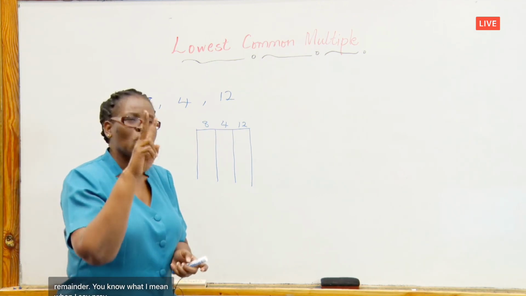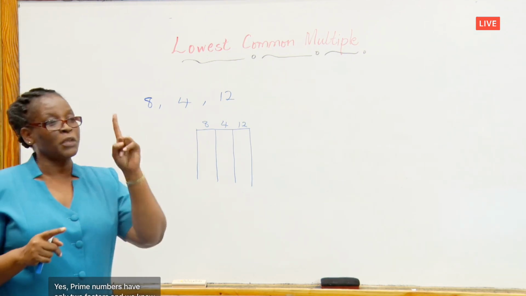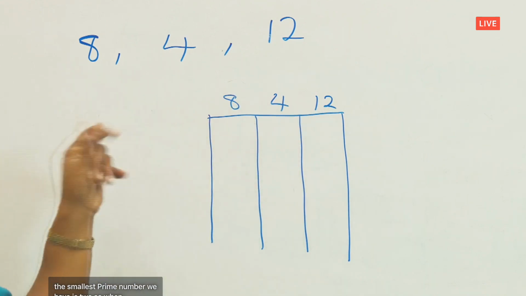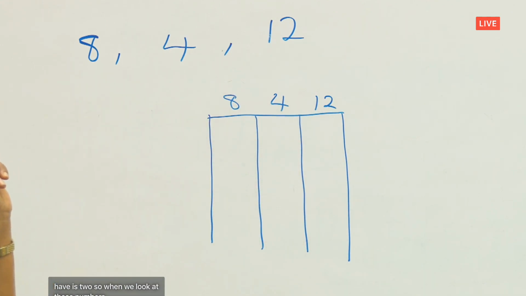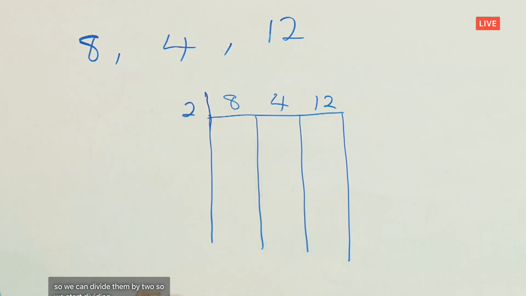You know what I mean when I say prime numbers? Yes, prime numbers have only two factors. And we know the smallest prime number we have is 2. So when we look at these numbers, we can see they are all multiples of 2. So we can divide them by 2.